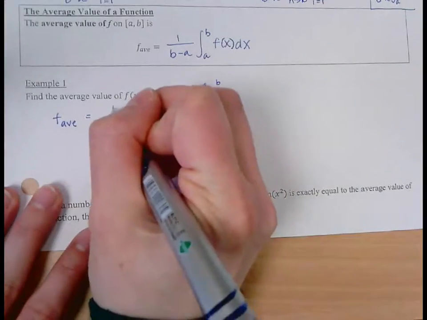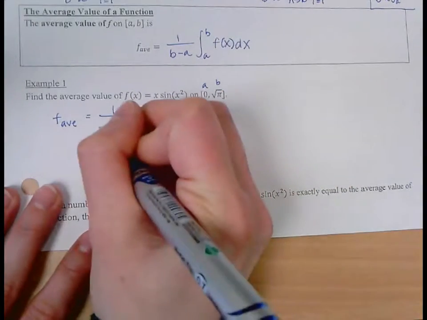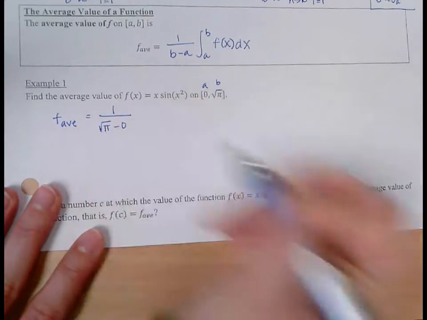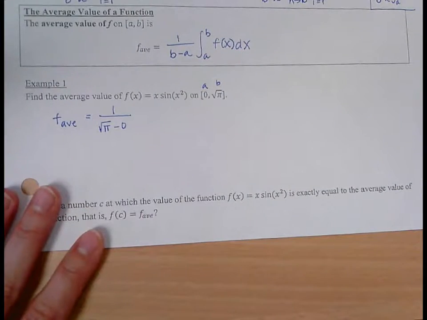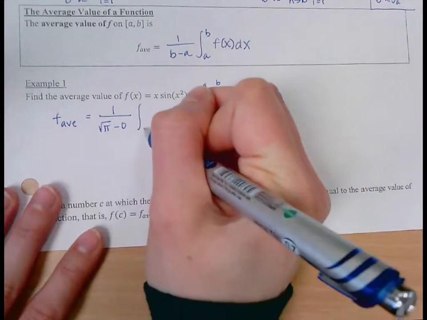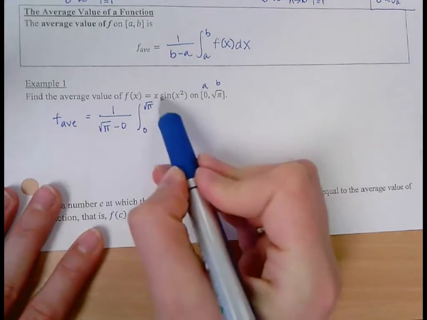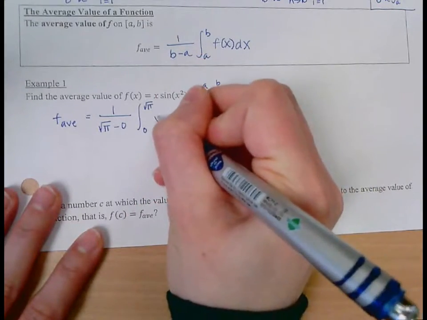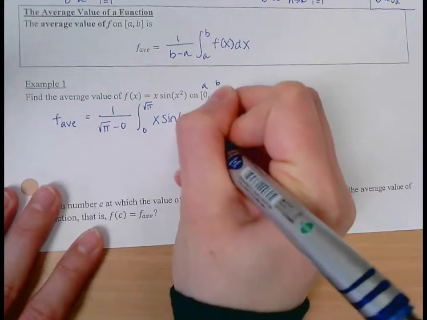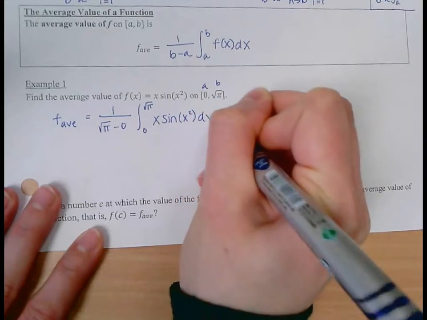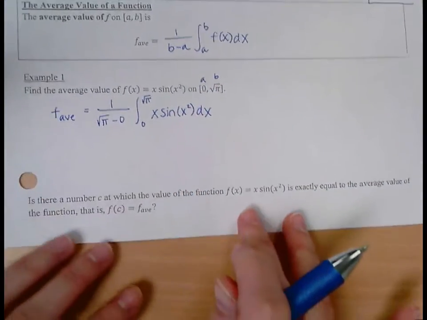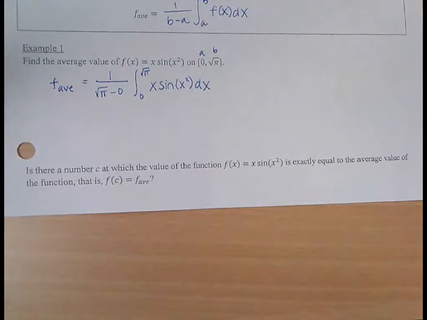So I would have 1 over b minus a, the square root of pi minus 0, or just square root of pi, times the integral from 0 to the square root of pi of my function f of x, so x times sine of x squared dx. Now I included this function specifically to review how to find this integral without using a calculator.